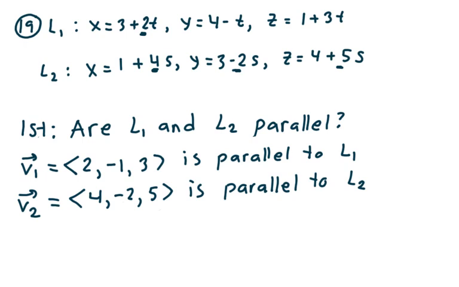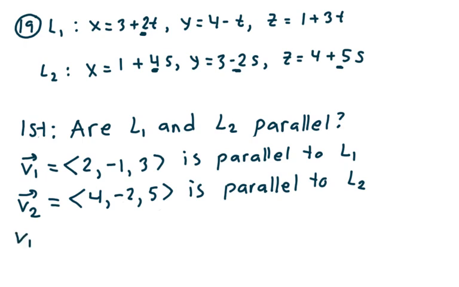The quickest thing you can do is look at the cross product of V1 and V2. If V1 cross V2 is the zero vector, V1 and V2 are parallel. If V1 cross V2 is not the zero vector, that says V1 is not parallel to V2.